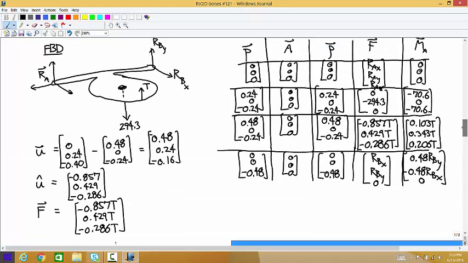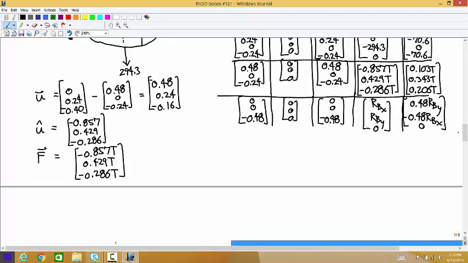Okay, so Newton's second law. But these are right, correct? It's negative 0.48 times RBX. That's positive 0.48 RBX. But then remember, negative minus negative, then you're negating it. Yeah.